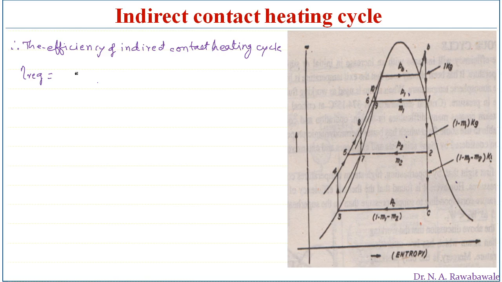We can call net work done Wn divided by heat supplied. This is nothing but turbine work minus pump work divided by HB minus HFX into 100. That will be in percentage.